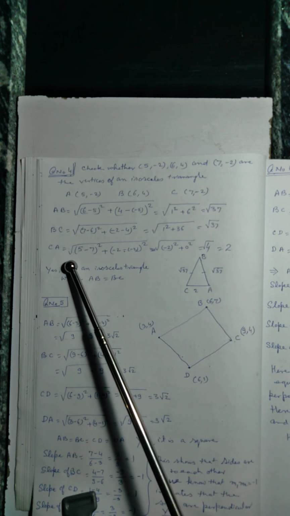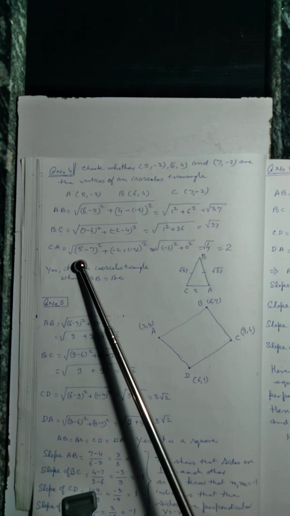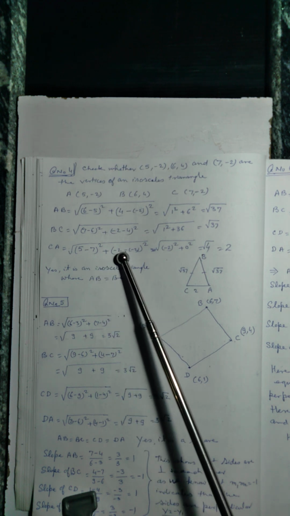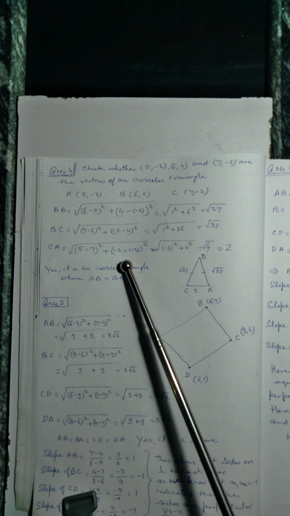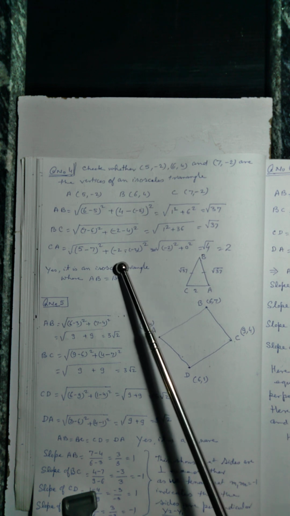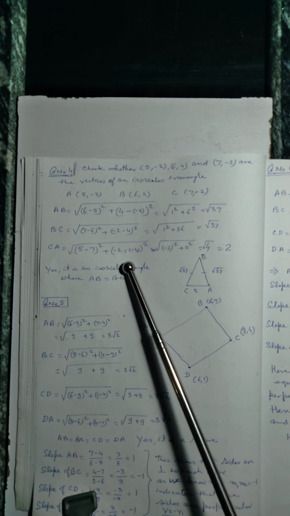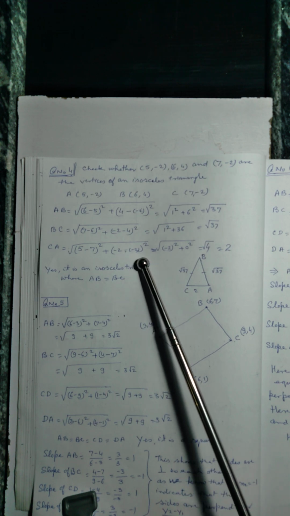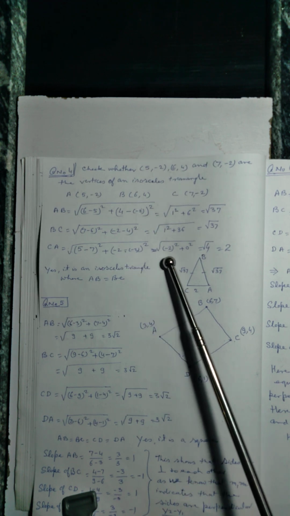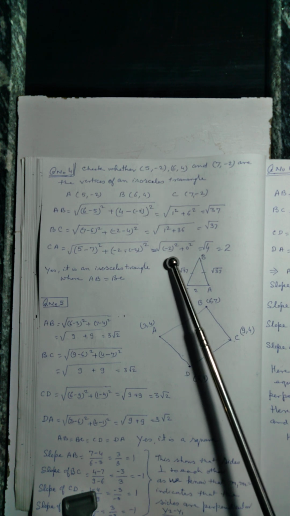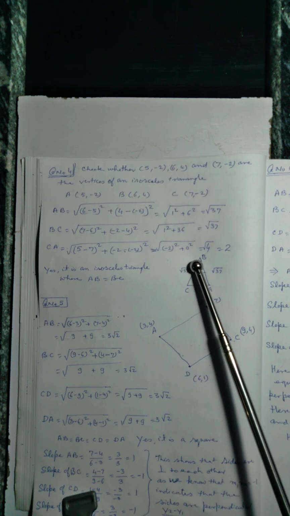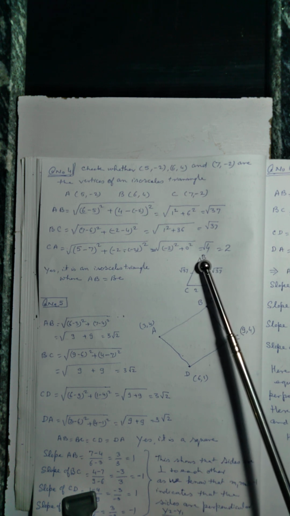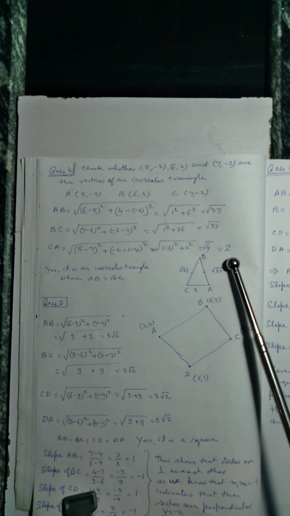CA is equal to root of (5 minus 7) whole square plus (minus 2 minus minus 2) whole square. So you will get (minus 2) whole square plus 0 square. Ultimately you will get root of 4, that will be equal to 2.